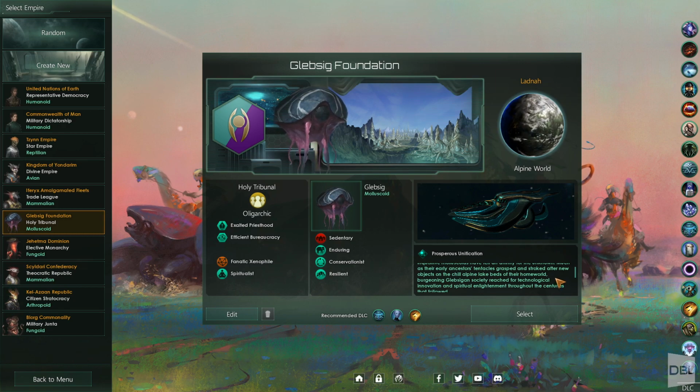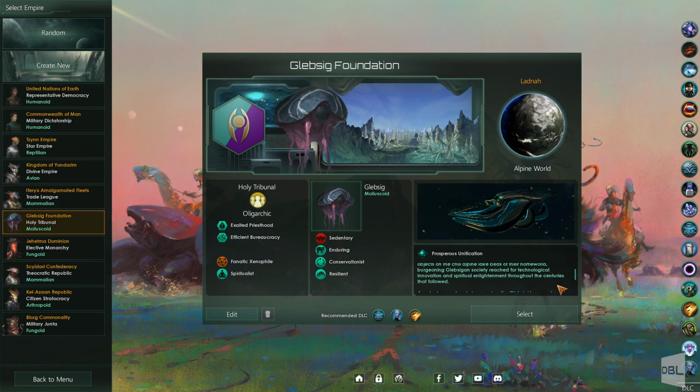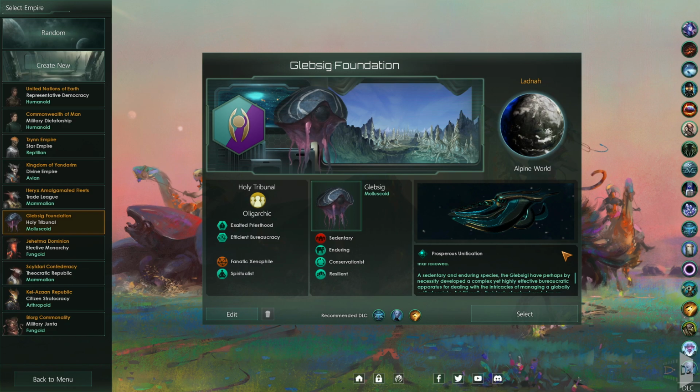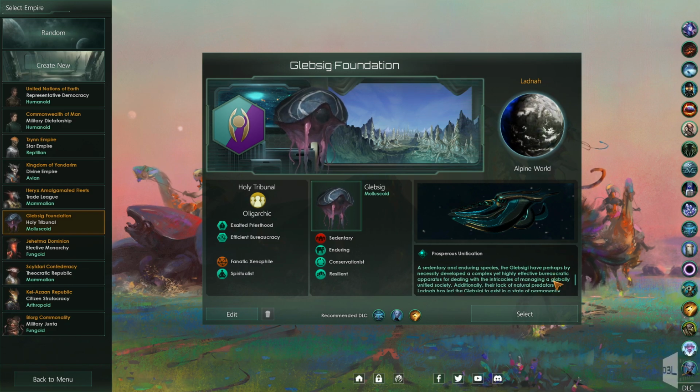Burgeoning Gleb-Sigan society reached for technological innovation and spiritual enlightenment throughout the centuries that followed. A sedentary and enduring species, the Gleb-Sigi have perhaps by necessity developed a complex yet highly effective bureaucratic apparatus for dealing with the intricacies of managing a globally unified society.